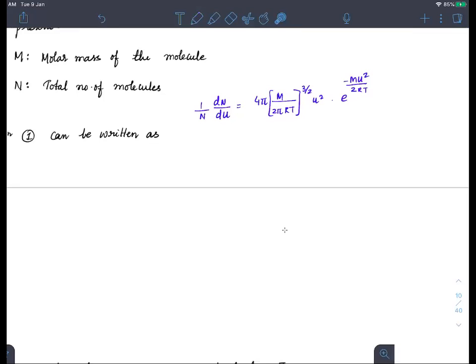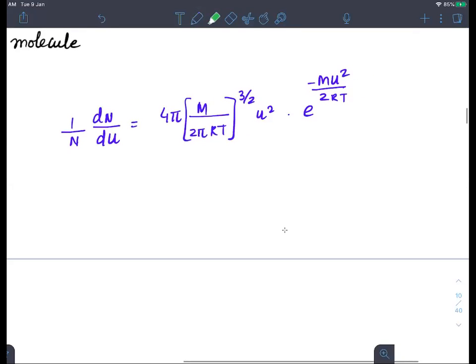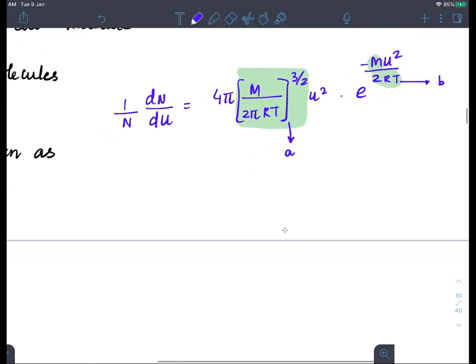Now observe carefully. This entire constant term, I'm taking it as some a. Here also this entire term M by 2 RT, I'm assuming as b. And the term on the left hand side, I'll take it as some y.